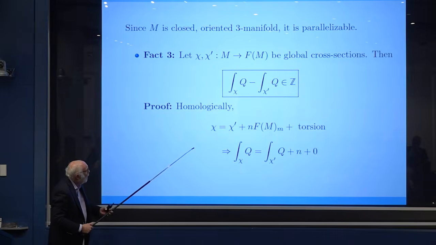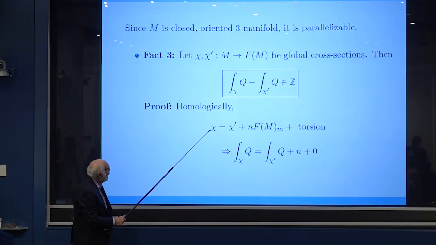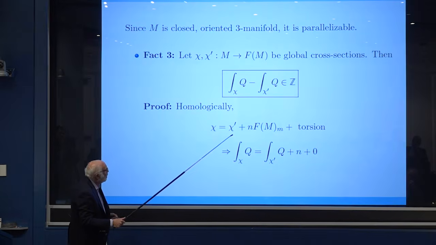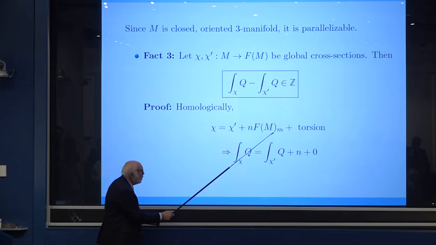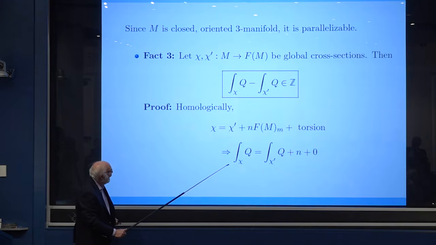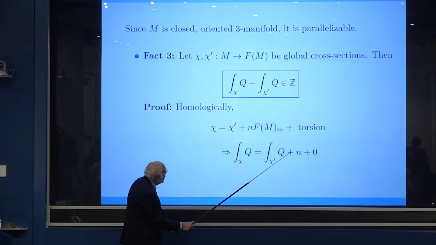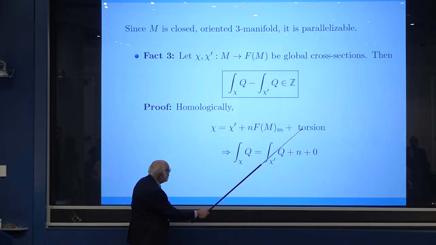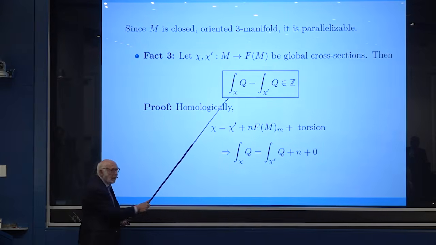Well, homologically, one cross-section equals another cross-section, up to boundaries and stuff, plus some integral multiple of the fiber, and plus torsion. So when you integrate Q over ψ, it's going to be equal to its integral over ψ′, plus an integer, and of course it kills torsion. So these two things just differ by an integer.